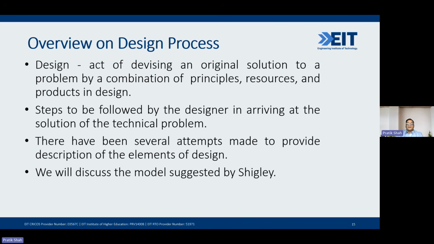When we talk about computer-aided design, it is very important to showcase the features of a design process. Just to brief about this, design is an act of devising an original solution to a critical problem with the help of available resources, which brings out a product design. It is basically the steps followed by the designer in arriving at a solution to a technical problem.